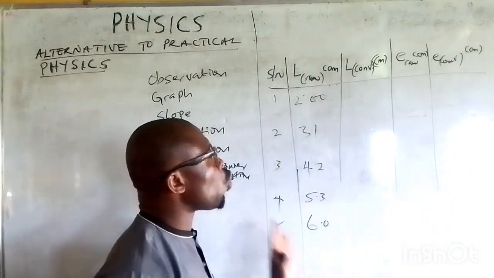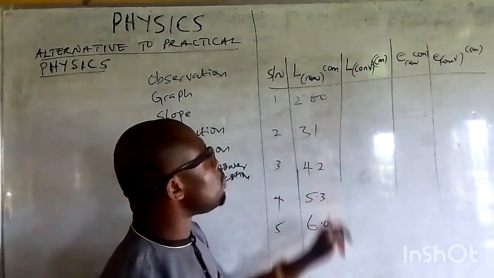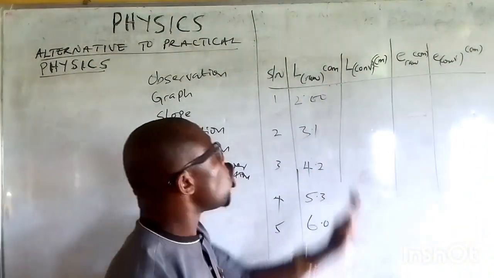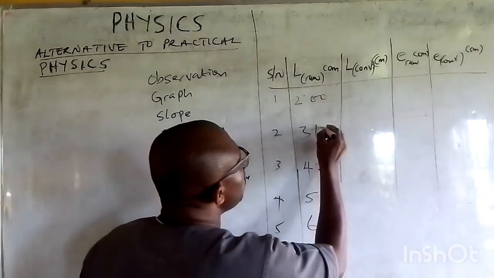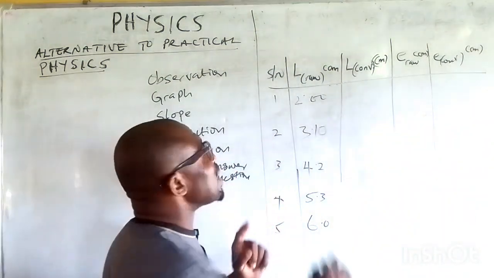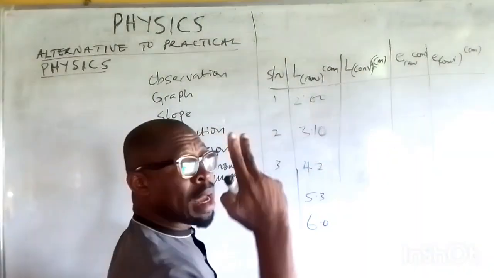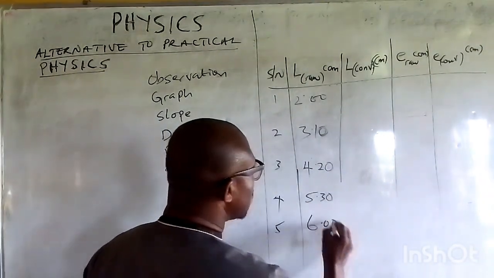If you leave it like this, you will lose some marks on the DP, and then lose some marks also for inconsistent DP, because this one is 2 DP. So all you need to do is, if your reading is just 3.1, please add 0 to it so that it makes it 2 DPs. This one, add 0; this one, add 0; this one, add 0.